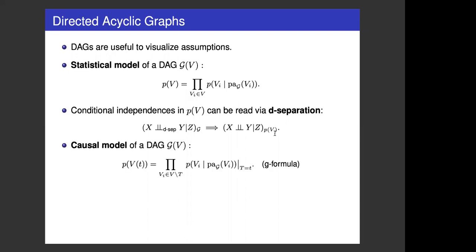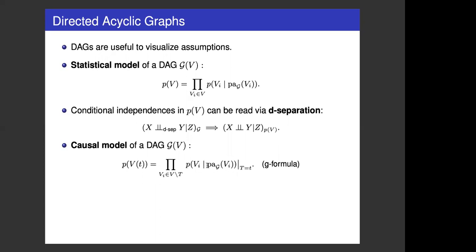And the causal model of a DAG can be defined over the set of counterfactuals, where counterfactuals can alternatively be viewed as being determined by a set of structural equations. Here, the joint distribution over the counterfactuals, where we intervene on the treatment T, is identified by what's known as the G formula.